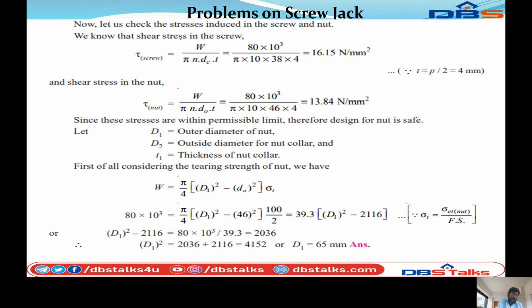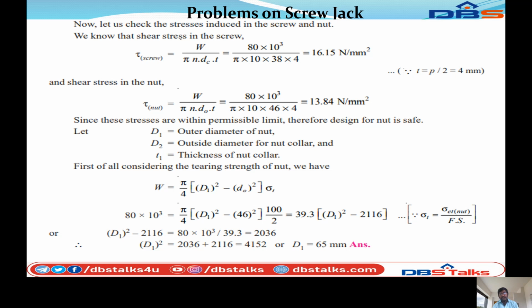So tau nut is equal to 13.84 Newton per mm square. Since both stresses are within the permissible limit, therefore the design of the nut is also safe.